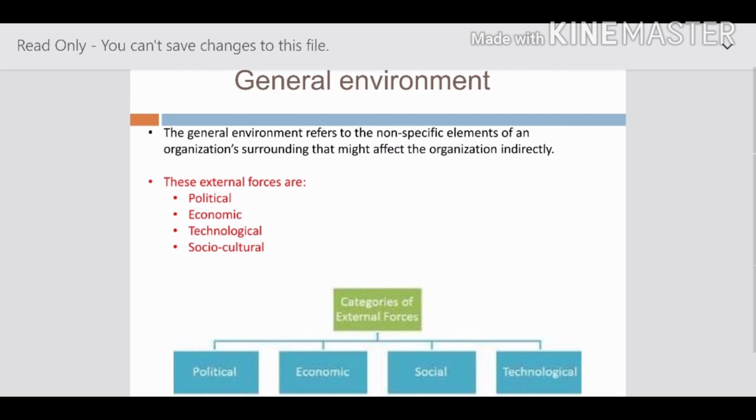So the general environment, as I told you, connects with the external environment. Here we can say political, economic, technological, socio-cultural. We have discussed all this, but once again we can emphasize a few points. The general environment is seen as the external environment, but here I can say that the technological aspect should be highly focused on because it is highly changeable.